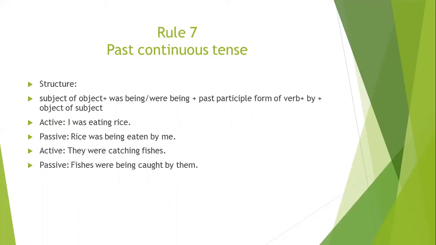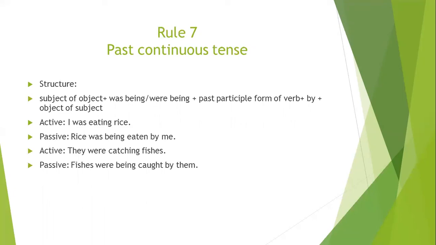Again, for the past continuous tense, dear cadets, be very careful about this rule. For the continuous tense, you will have to be attentive because you'll have to use an extra word that is being. Okay? So first of all, see the structure.